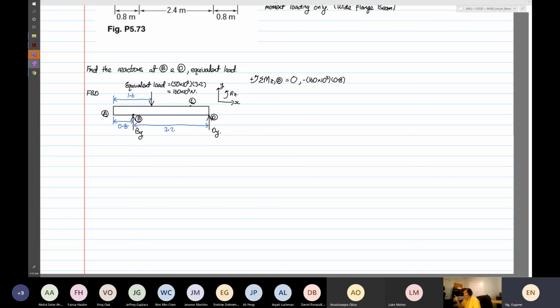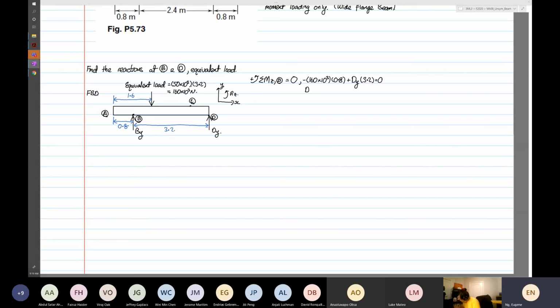You can all see why 0.8: from A to B is 0.8, and from A to the equivalent load is 1.6, so that is why it's equal to 0.8. Then Dy is going anti-clockwise, so plus Dy multiplied by a distance of 3.2, because we are taking moment at point B. So it's equal to 0.